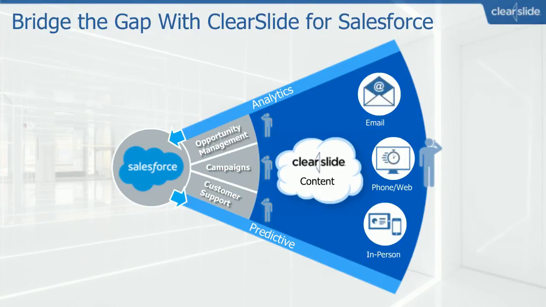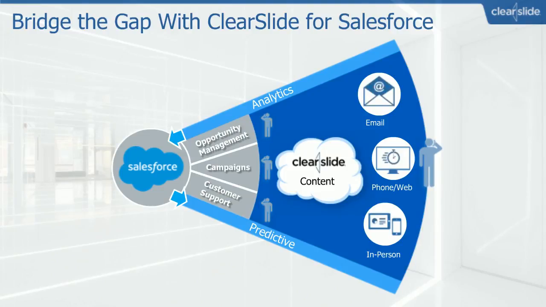Okay, I'm now going to introduce ClearSlide at a high level, and specifically our ClearSlide for Salesforce product. Dave will demonstrate this in a little bit more detail, but to introduce what ClearSlide does, we start out by taking the digital content or media that typically a marketing group provides for its sales organization. This may be through corporate marketing, a field marketing organization, sometimes sales does it for itself, or a sales operations team.